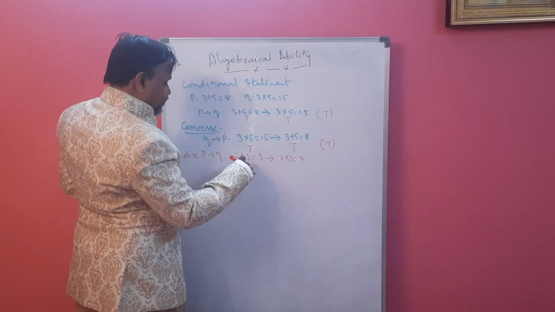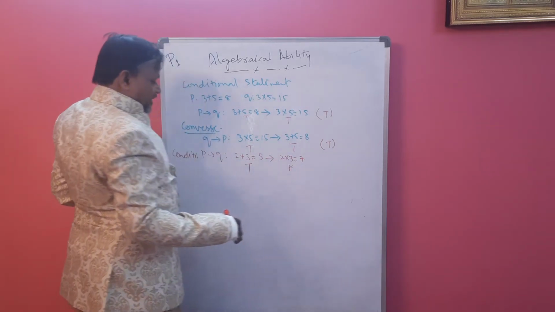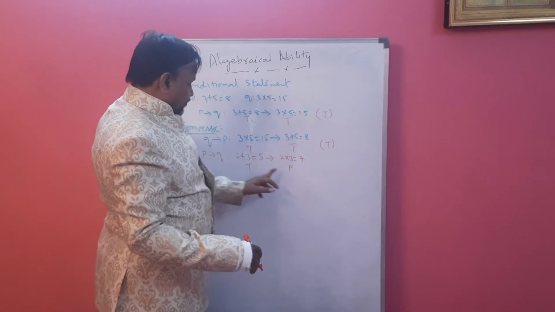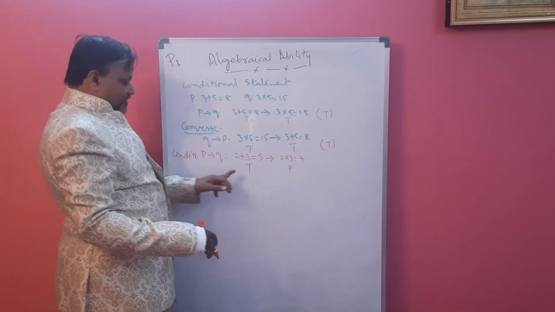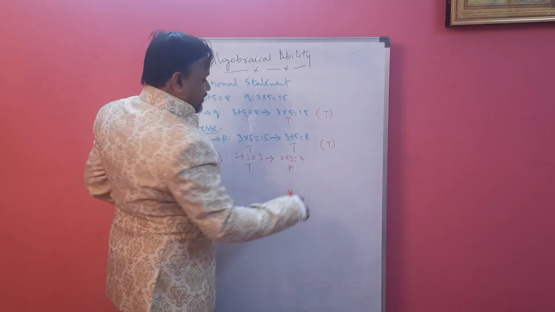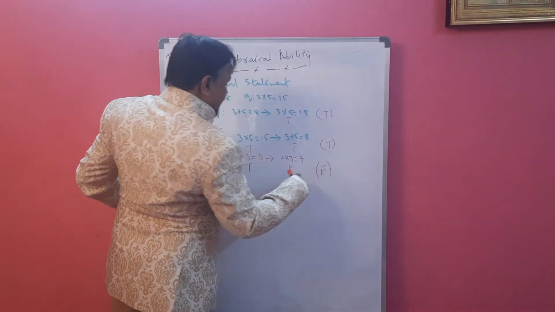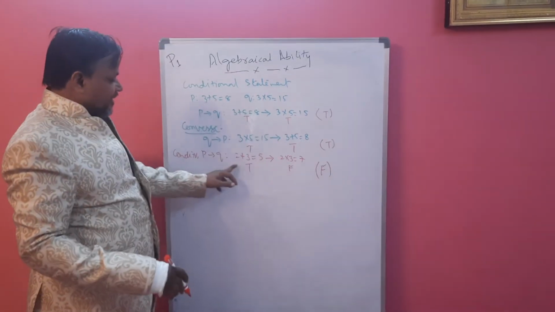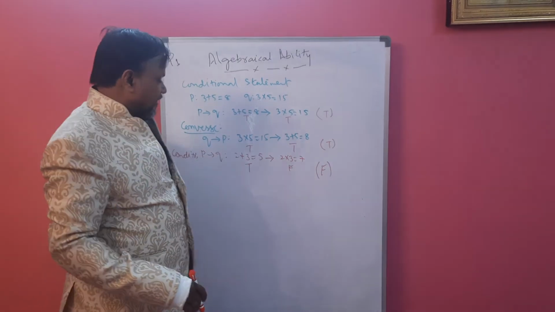See, this one is true and this one is false. Implication: true implies false. Is that true? False. So we will get the result false. True cannot imply false. When it cannot, we have to write F.